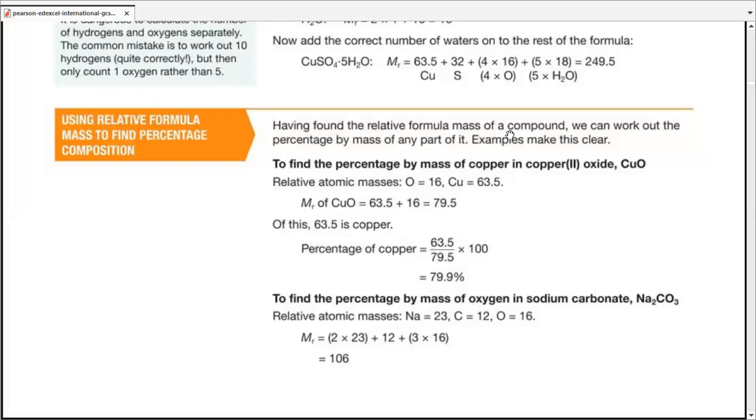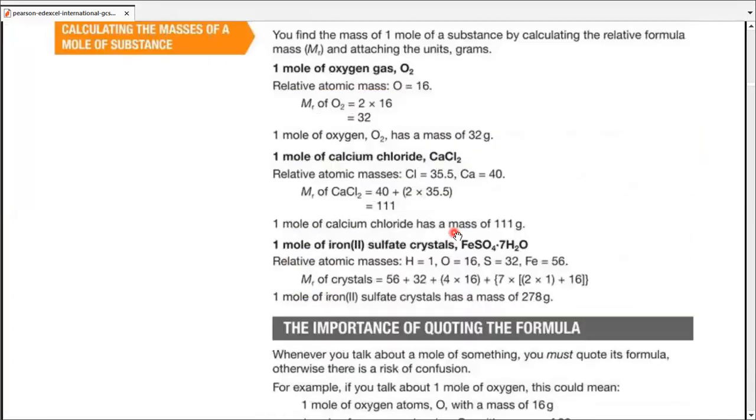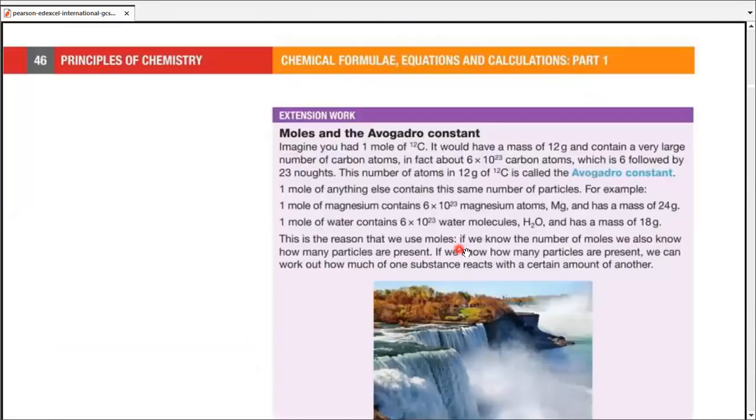So now you understand percentage composition. Okay, moving on. Just a second. The mole, just a second.